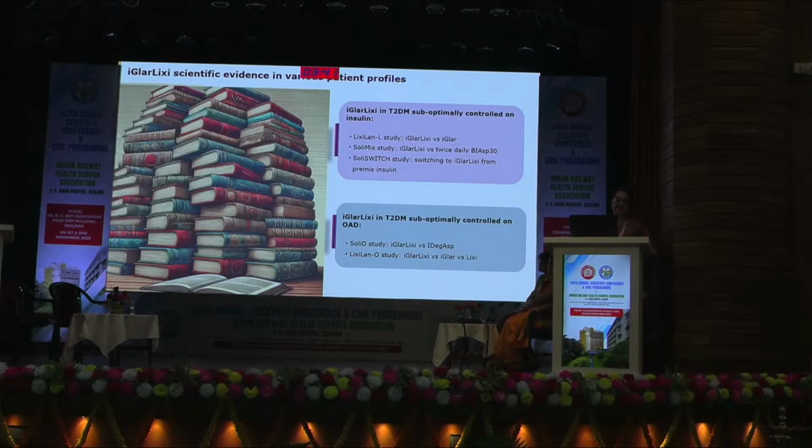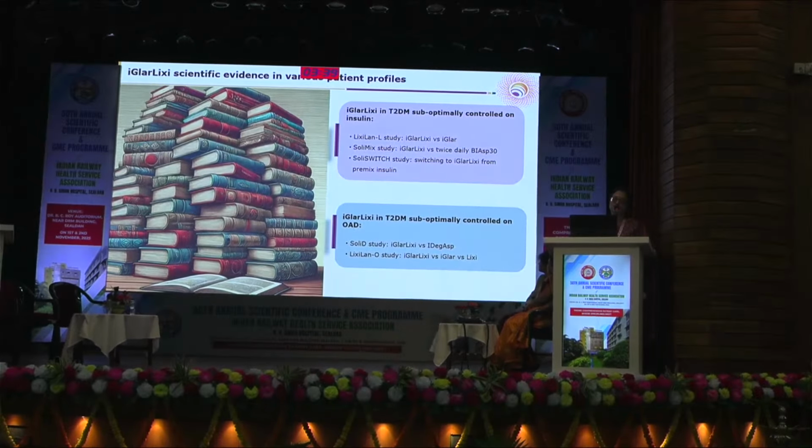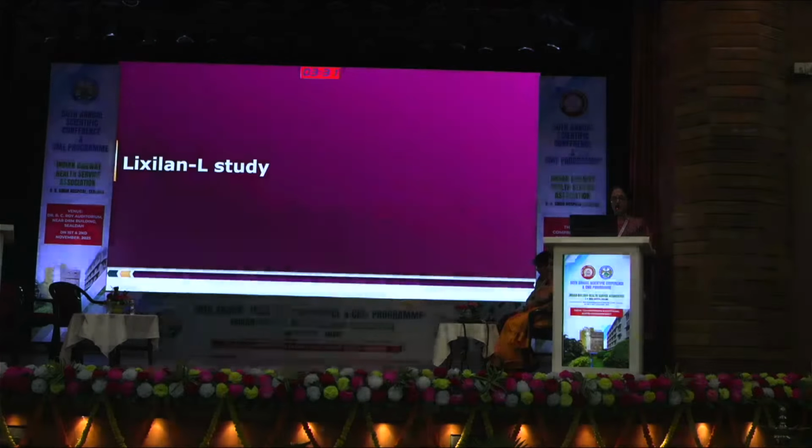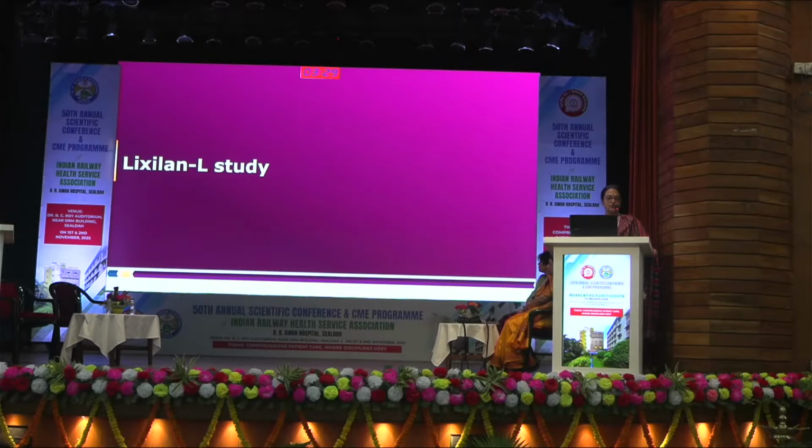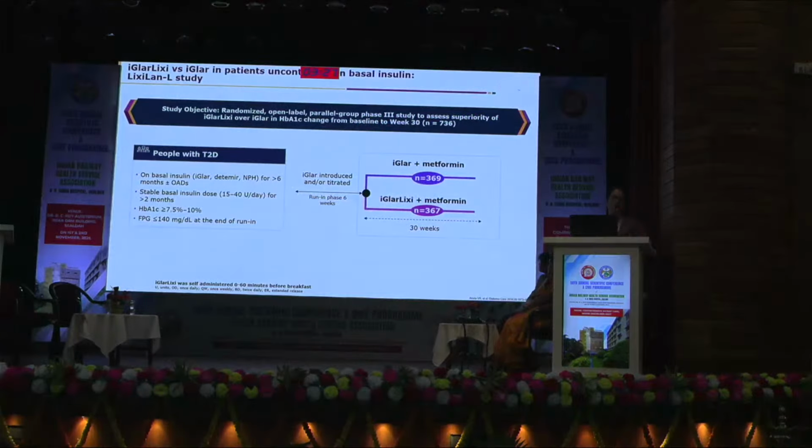So what is the evidence that we have? We have 5 studies, in which 3 were done on patients who were suboptimally controlled on insulin and 2 on patients suboptimally controlled on oral medications. The LixiLan-L study was done on patients who were on a long-acting insulin, whether Detemir, NPH, or Glargine, for more than 3 months, and on medications. They were put into 2 groups.